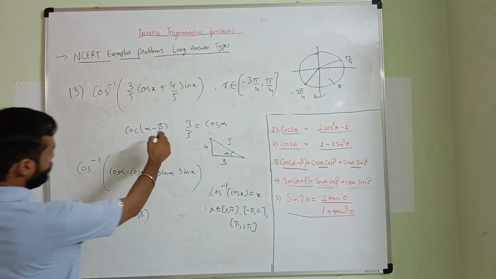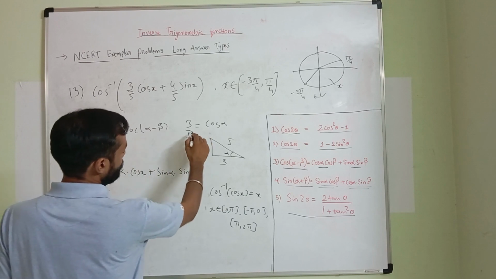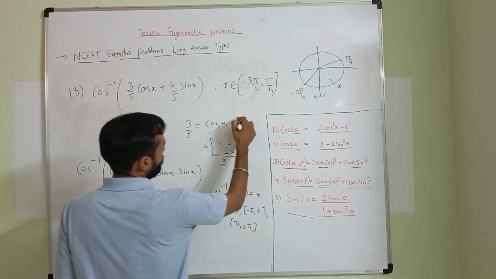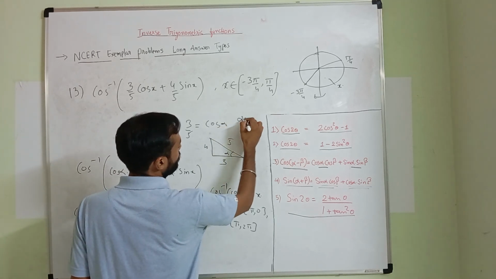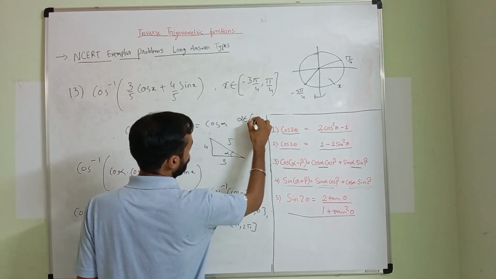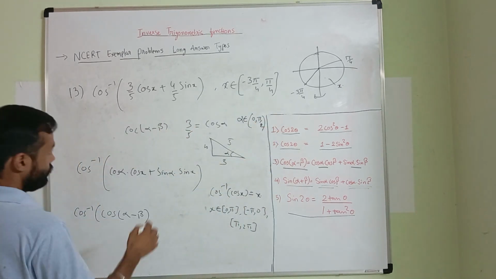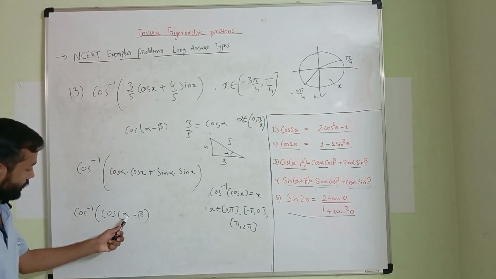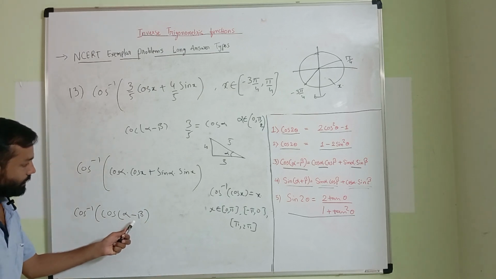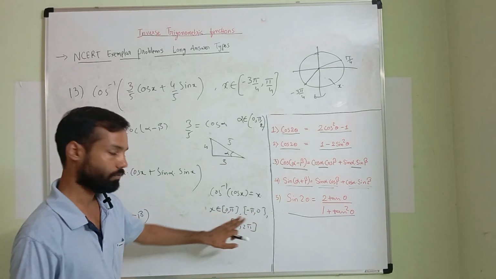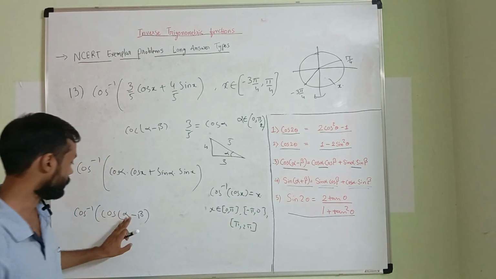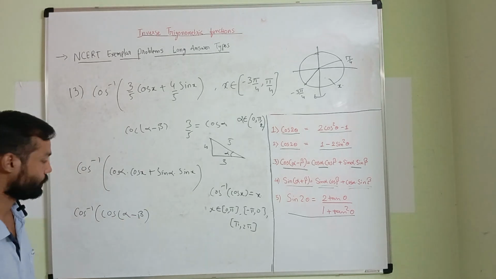So when we assume this cos alpha is equal to 3 by 5, in general we assume that alpha belongs to 0 to pi by 2. Now we want to know whether this alpha minus x lies in these intervals, so that we can write cos inverse of cos x is equal to x.